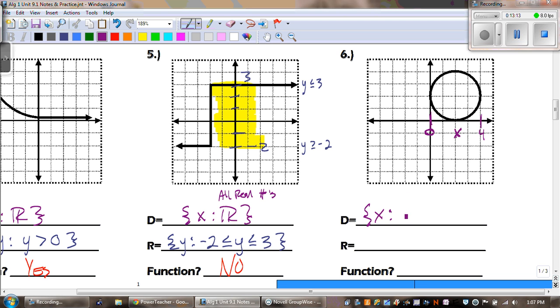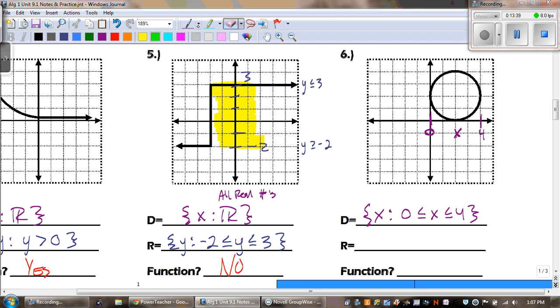Okay, so we would say 0 less than or equal to x less than or equal to 4. Okay, and the reason, remember, it doesn't go past 0, so I can't say that it goes past 0. It's specifically 0 and specifically 4. That is the start and stop.